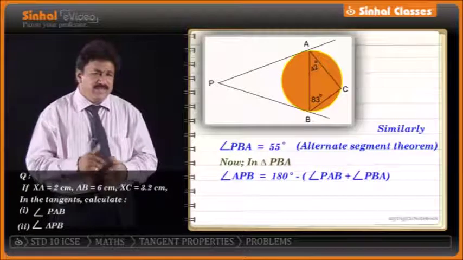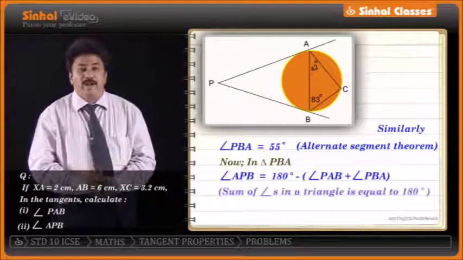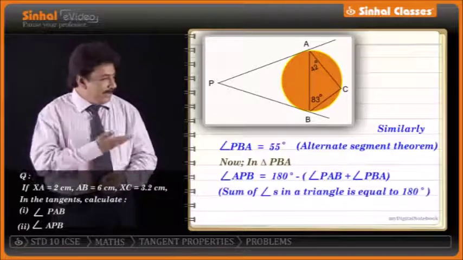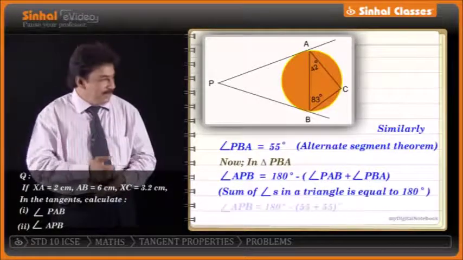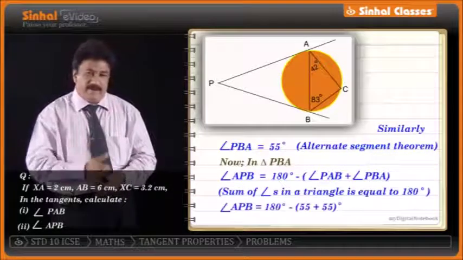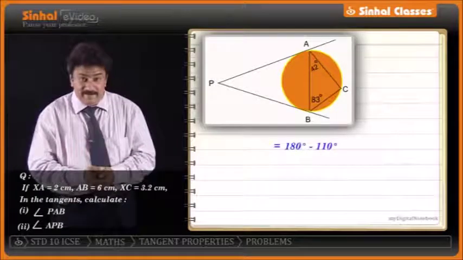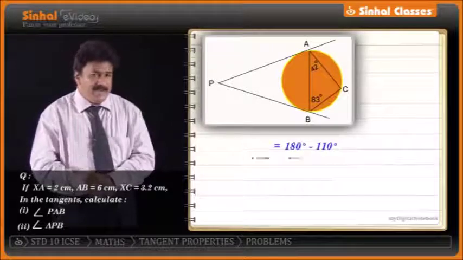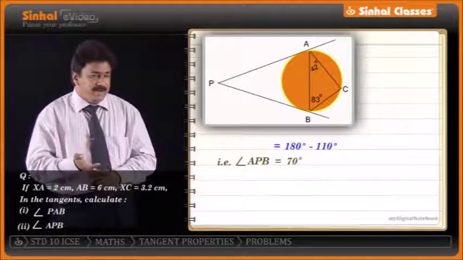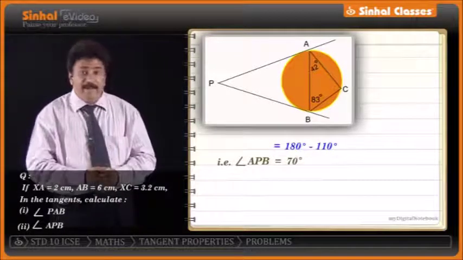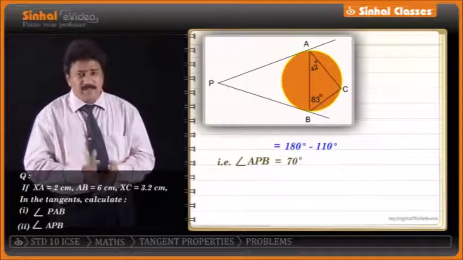What's the reason for this? Sum of angles in a triangle is 180 degree. That is 180 minus, in the bracket, 55 degrees plus 55 degrees. That is 180 minus 110 degree, which gives me 70 degree. Now this 70 degree is the measurement of angle APB.